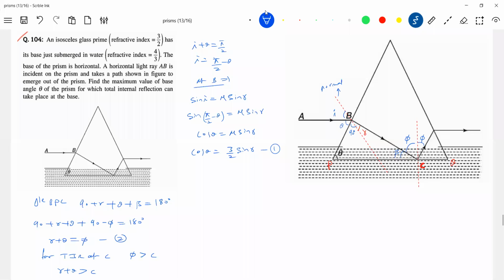Let me take sine on both sides. So this will be sine r cos theta plus cos r sine theta greater than sine of critical angle. Shall I say mu of water by mu of glass?